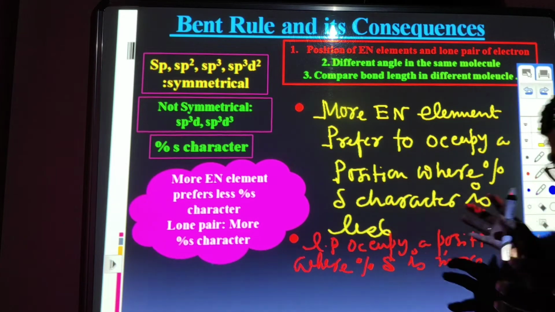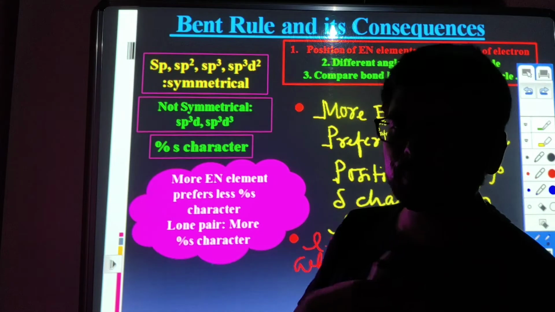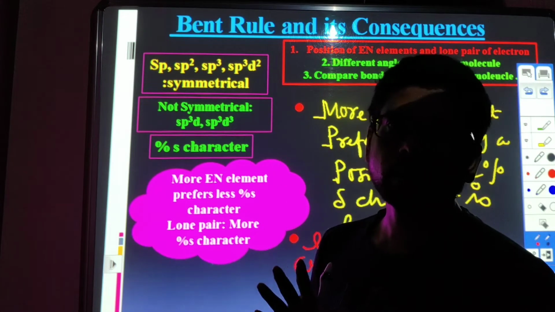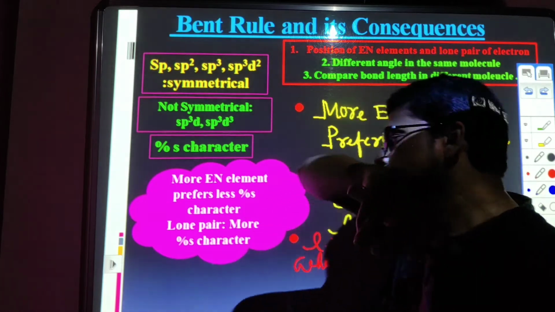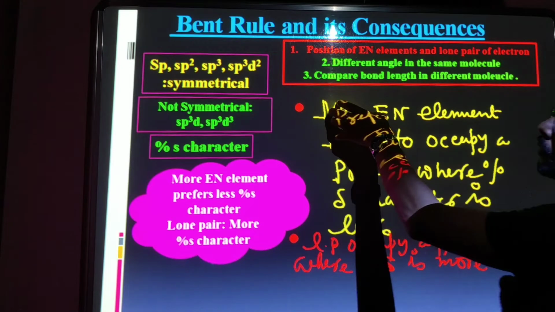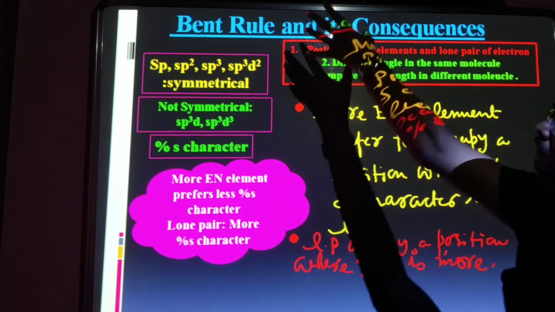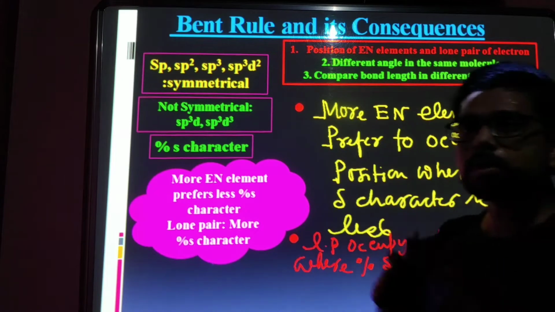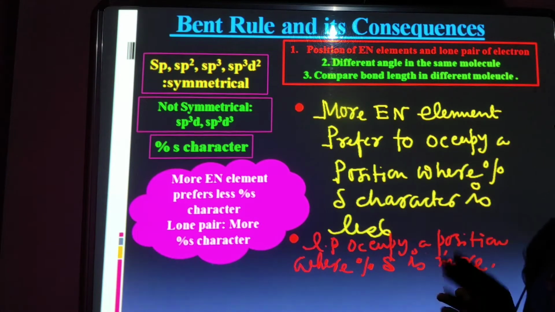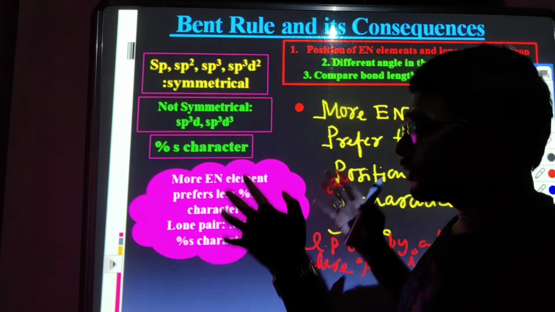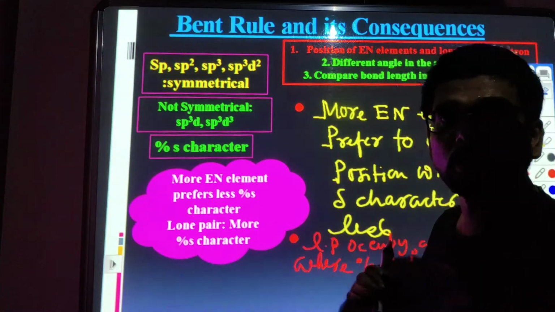Lone pairs will preferably occupy positions where percentage of s character is very high. These are the two statements of Bent rule. From these two statements, we can easily draw the shape of the molecules which I have shown just now.